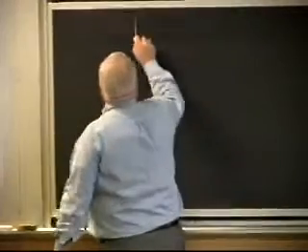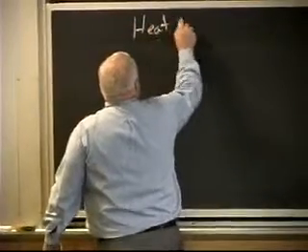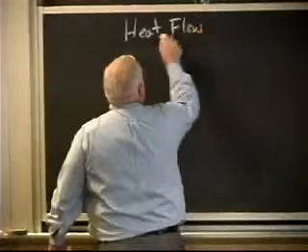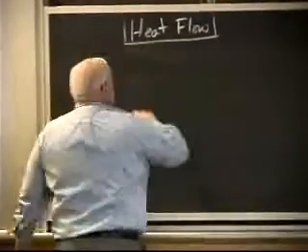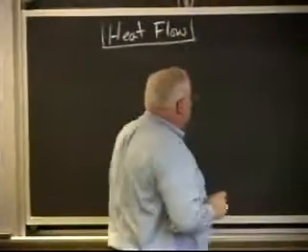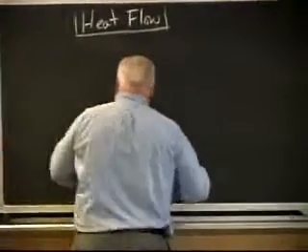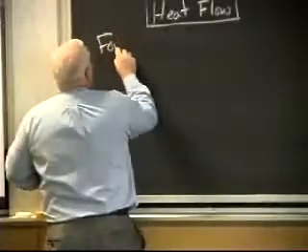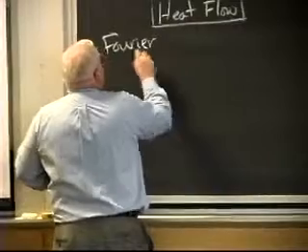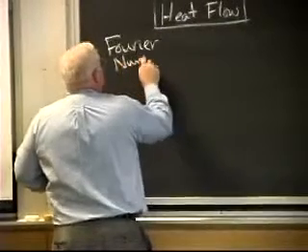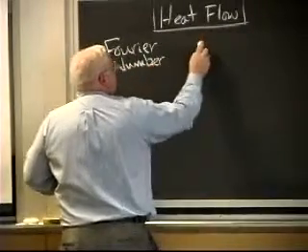Let's go through heat flow now. We talked about the Rosenthal solution, and I may come back and throw up some of those overheads again, but right now I want to talk about the Fourier number, which is a dimensionless number.